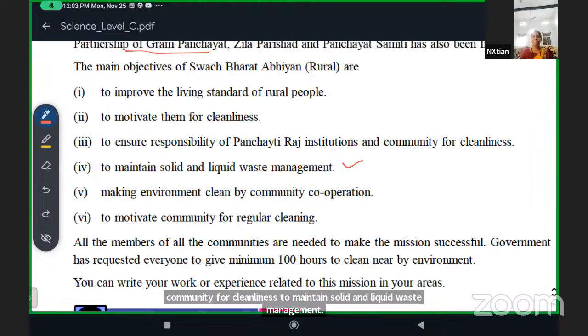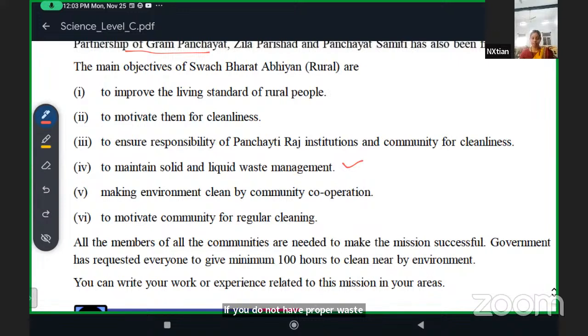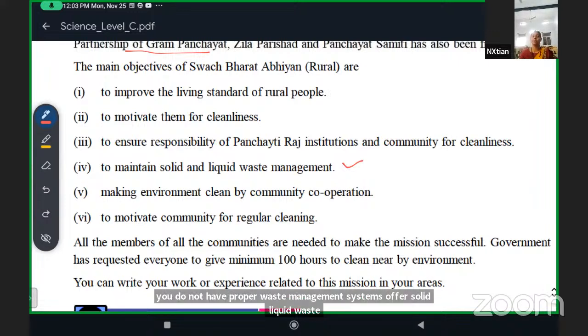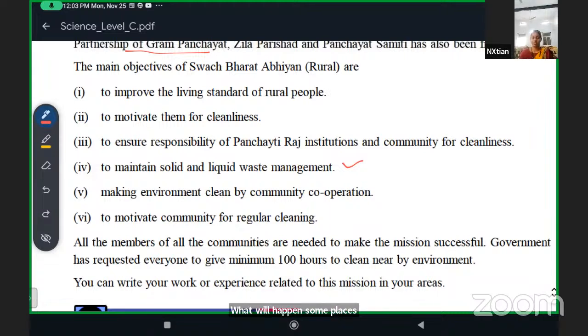If you do not have proper management systems for our solid and liquid waste, what will happen? If you've traveled to some places, you've seen villages that do not have a proper solid and liquid waste management system. So what happens in those places?